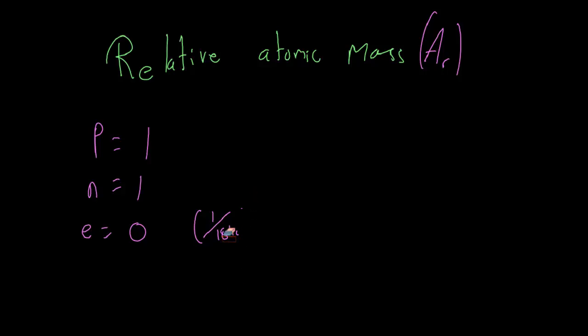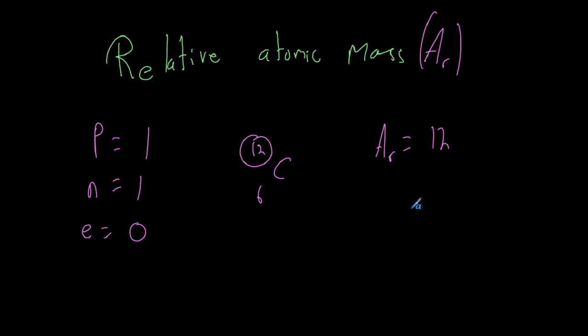And so that is so small that we just ignore it and we don't include electrons in our descriptions of mass. And so a quick example, if we have carbon 12, with proton number or atomic number and mass number at the top, this has a relative atomic mass of 12. The 12 is basically coming from the mass number. So the mass number is your relative atomic mass.